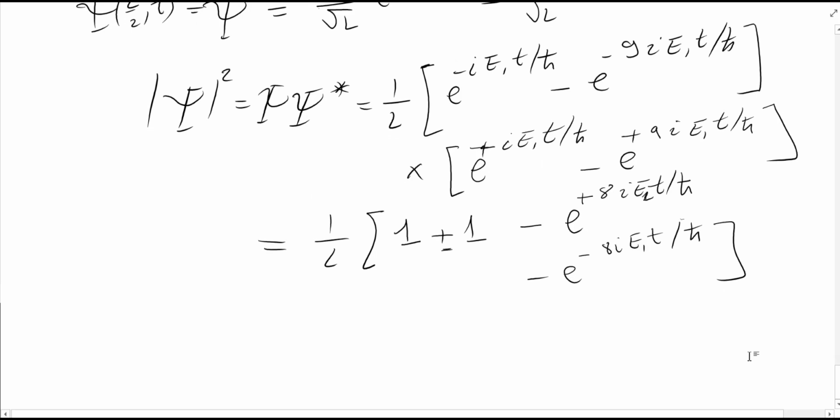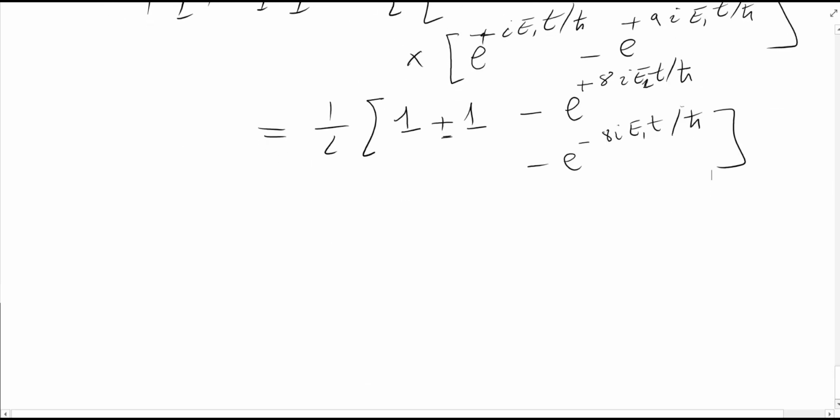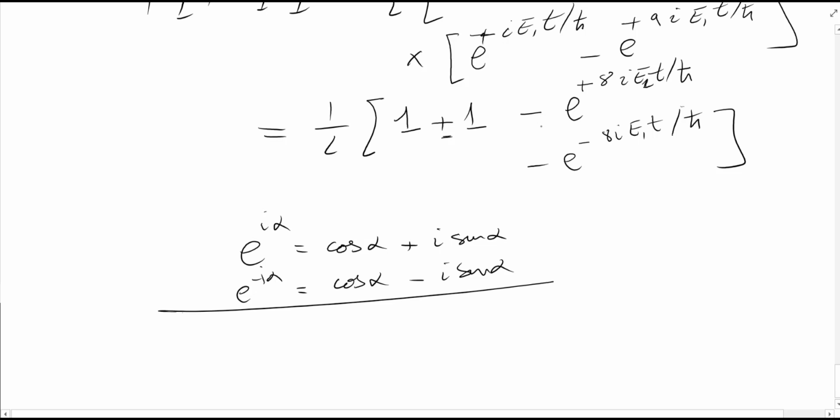Okay, so these two terms, basically, let me write them using Euler's formula. Remember e to the i alpha is equal to cosine alpha plus i sine of alpha, and the exponential with the same angle alpha, except the i changes sign, is cosine of alpha minus i sine of alpha. So if I add these two numbers, because that's exactly what I'm doing in here, the sine cancels and I'm just ending with 2 cosine of alpha.